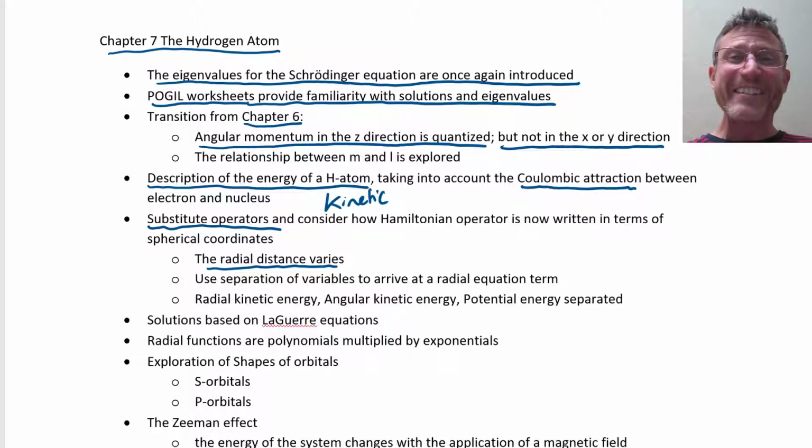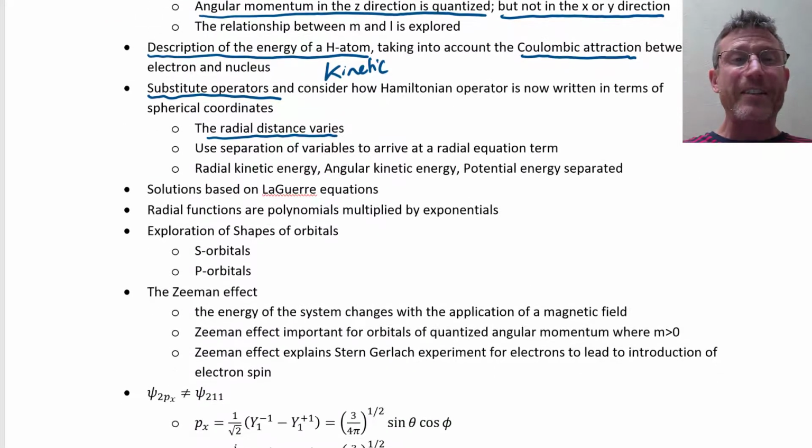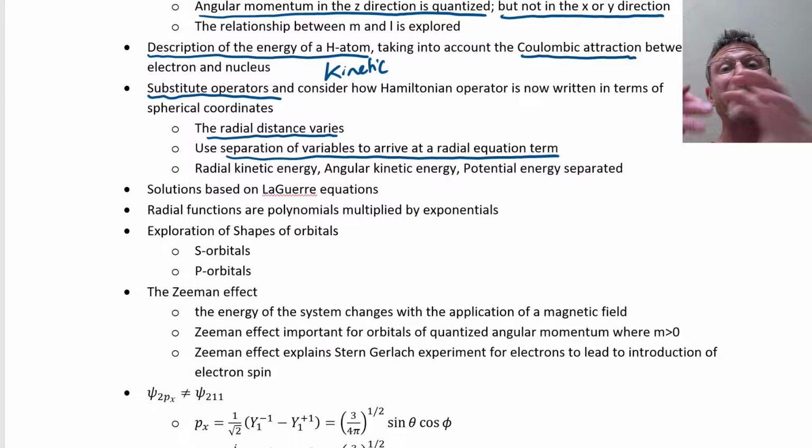We again use the separation of variables approach to arrive at that radial equation term. So we can separate the radial equation term from the spherical harmonics, and we could focus in that first part of chapter 7. We could think about the shapes of the orbitals, really just how they change as a function of distance of the electron from the nucleus.